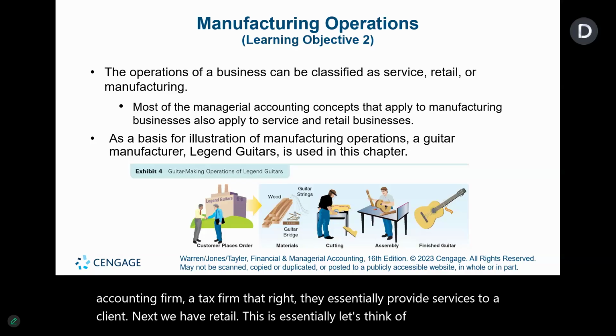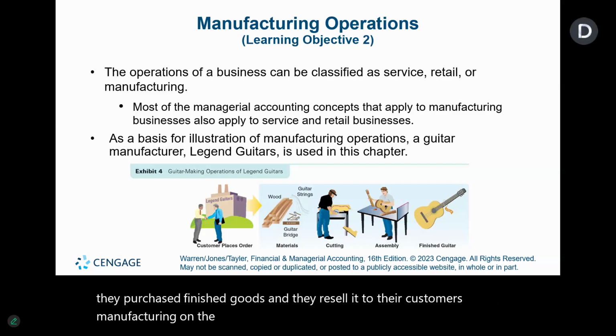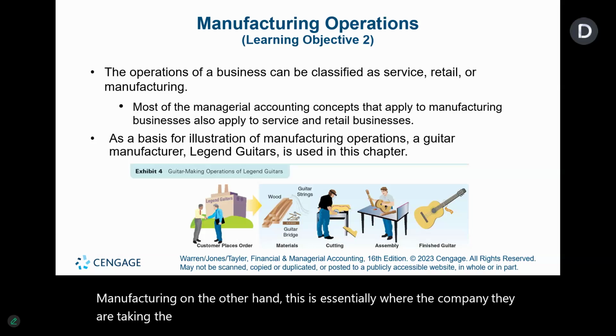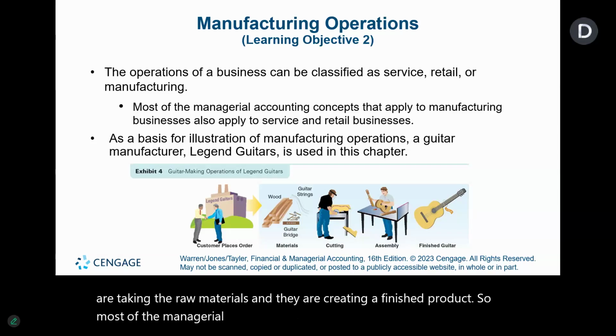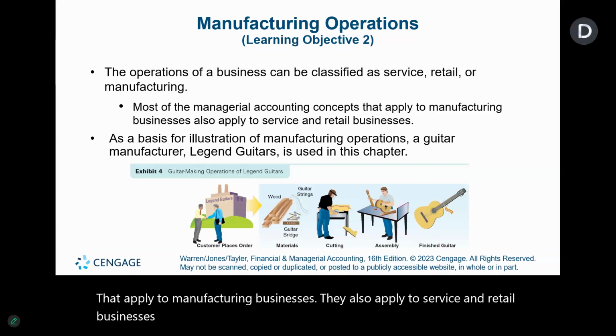IKEA purchases finished goods and resells them to their customers. Manufacturing, on the other hand, is where the company takes raw materials and creates a finished product. Most of the managerial accounting concepts that apply to manufacturing businesses also apply to service and retail businesses. So just keep that in mind.